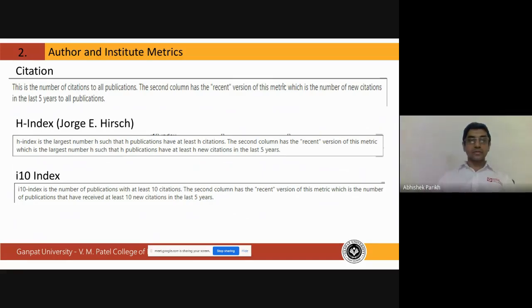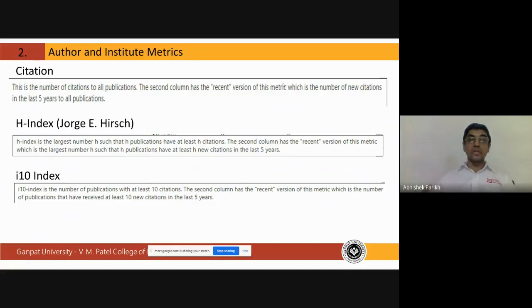Come down. 6. Do I have 6 articles with 6 citations? Answer is no. 5. Do I have 5 articles with 5 citations? No. 4. Do I have 4 articles with 4 citations? No. 3. Do I have 3 articles with 3 citations?